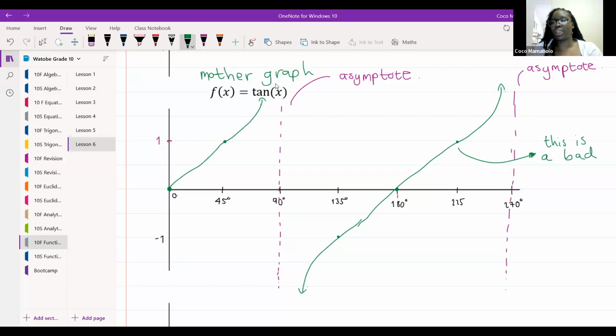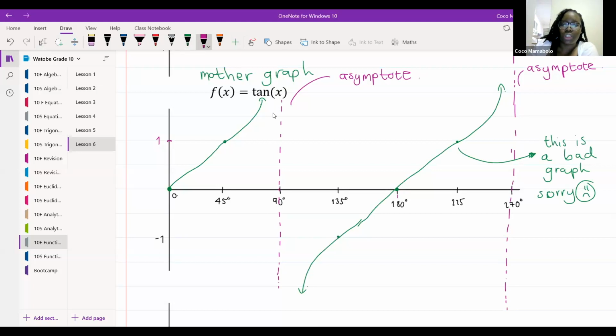I didn't get you there. Oh, so I don't know who to believe, ma'am. My teacher says the asymptote is a line that approaches but never cuts, or is it the line that is always but never cuts?